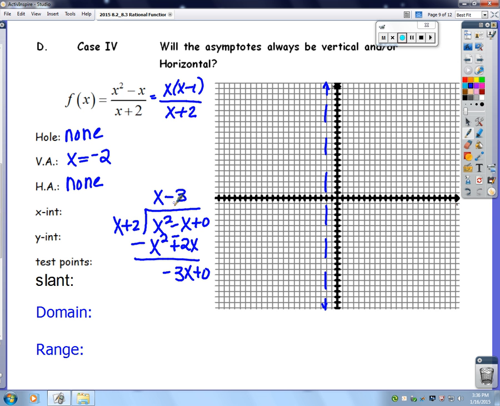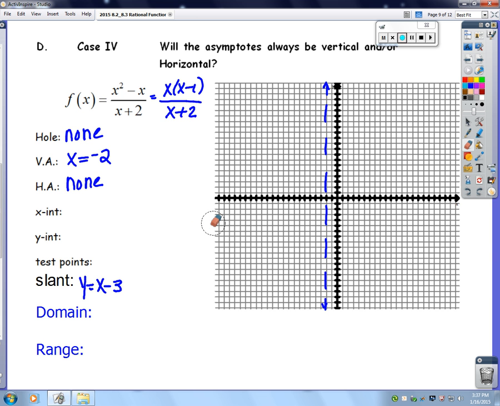Now here, once I get this up here, I don't care about the remainder. That's going to give me my slant asymptote. I don't care about the remainder. So y equals x minus 3 is my slant asymptote. So let's graph that. That's a line with the equation y equals x minus 3. It has a y-intercept of -3 and a slope of 1.